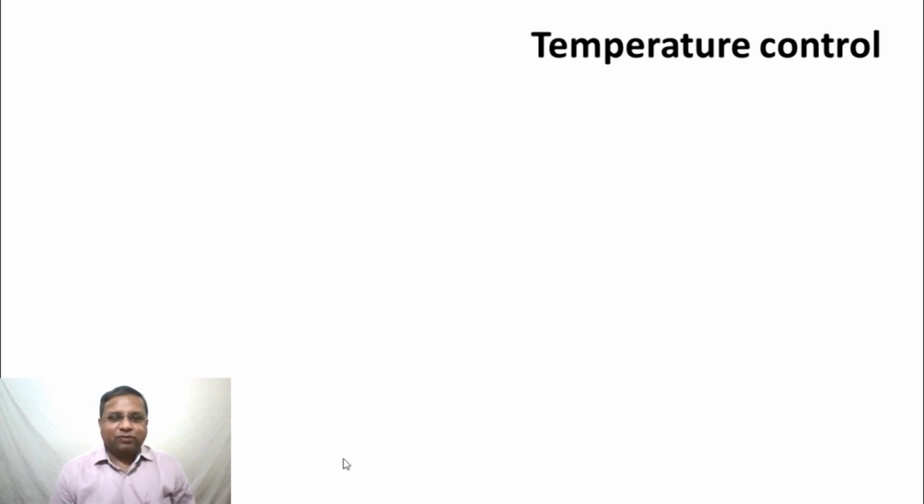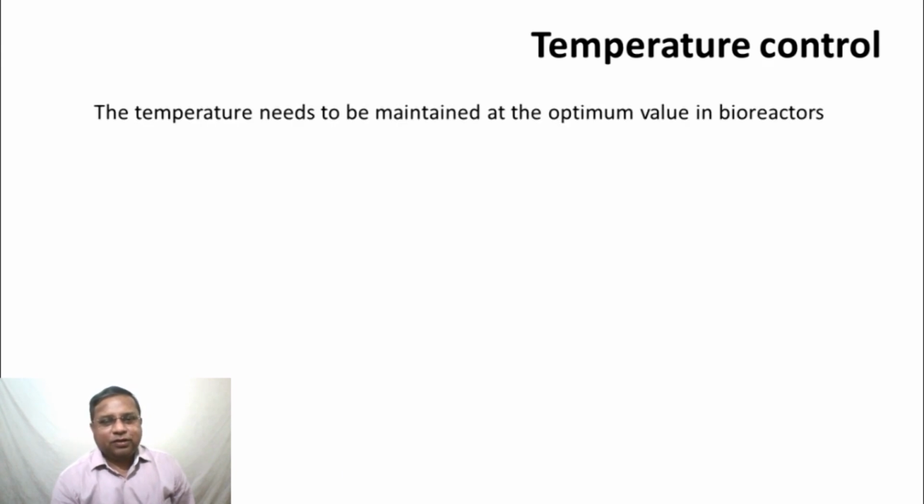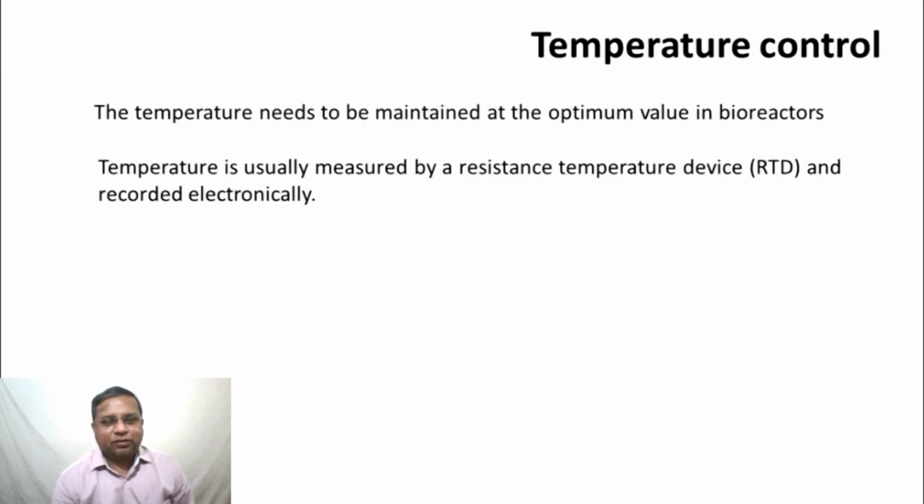In any case, once the organism is chosen, the temperature needs to be controlled at its optimum level for its growth in the bioreactor, or at the level that is desired in the bioreactor if you are doing temperature shift strategies and so on. Temperature, if you need to control, you first need to measure it, right? The temperature is usually measured by a resistance temperature device, RTD device, and recorded electronically.